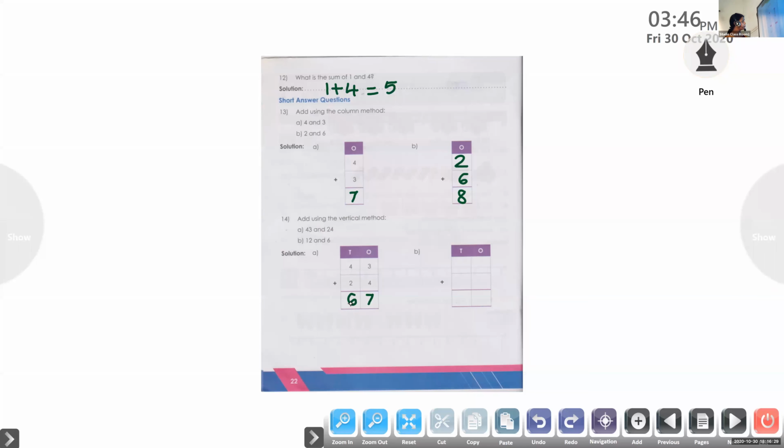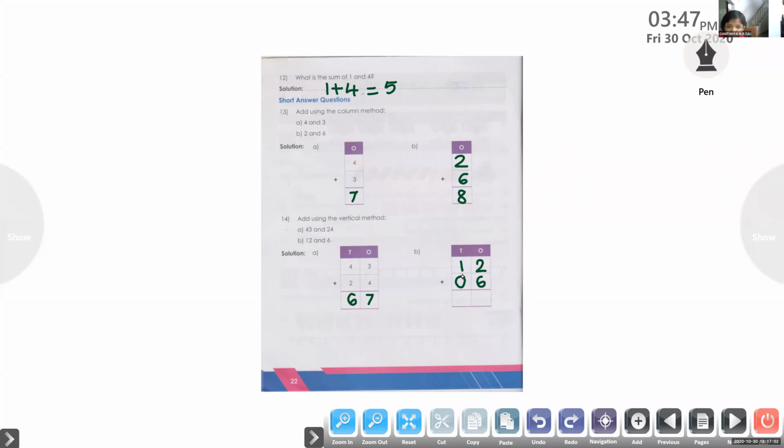Chaitanya, please unmute and read question number B. 12 and 6. 12 is a two-digit number. 6 is a one-digit number. So let us split the numbers. Is it the tens place or ones place? Ones place. Very good. So below you write 6. Now at tens, nothing, so we write 0.